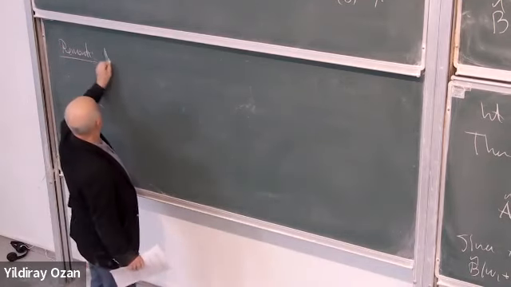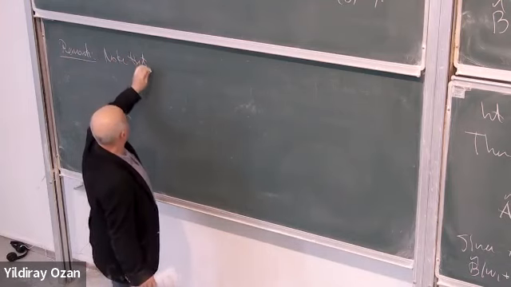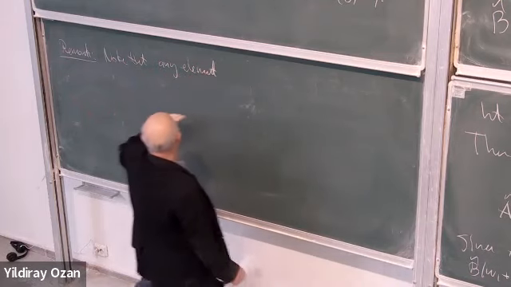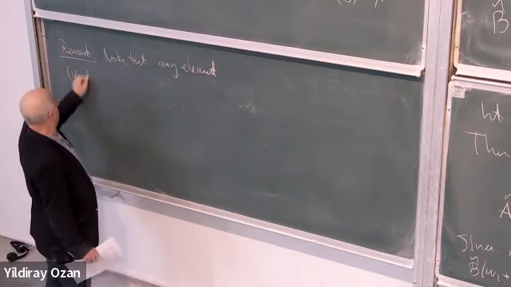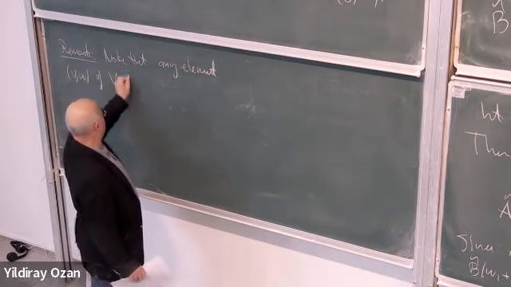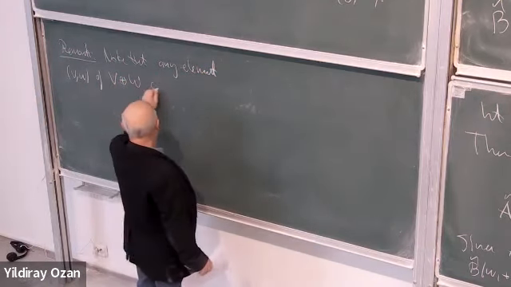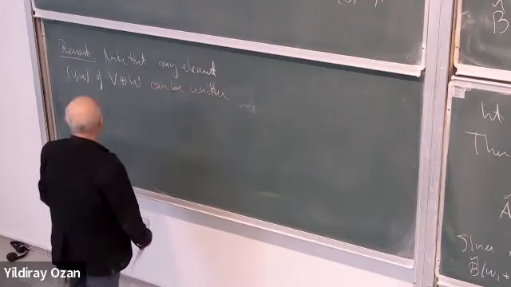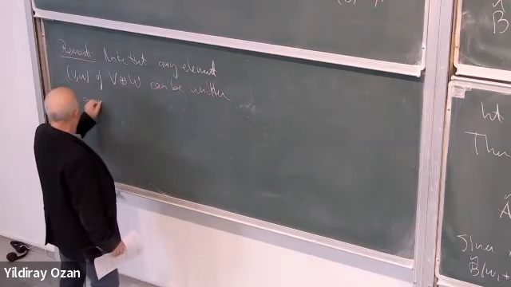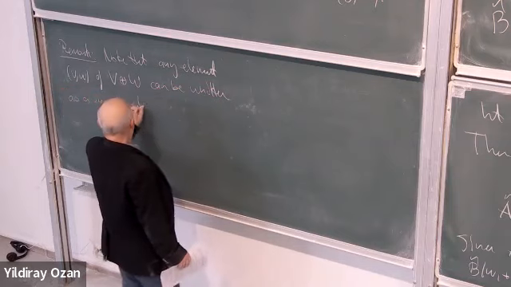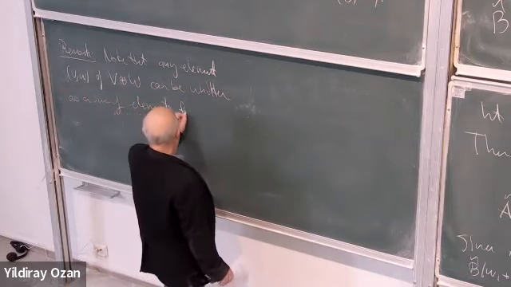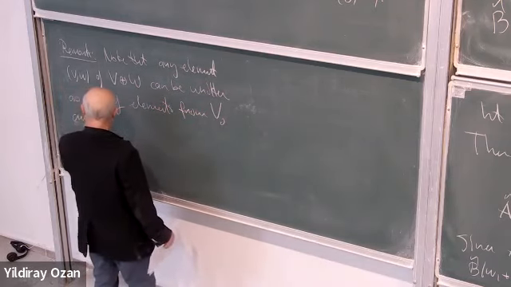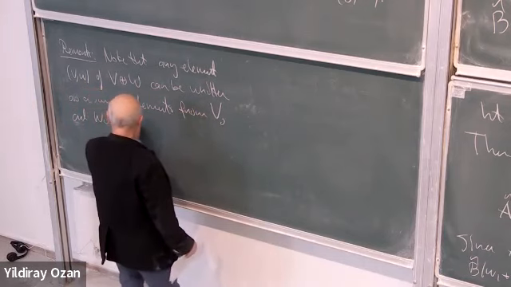Note that any element (v, w) of V plus W in the direct sum can be written as a sum of elements from V0 and W0 in a unique way.